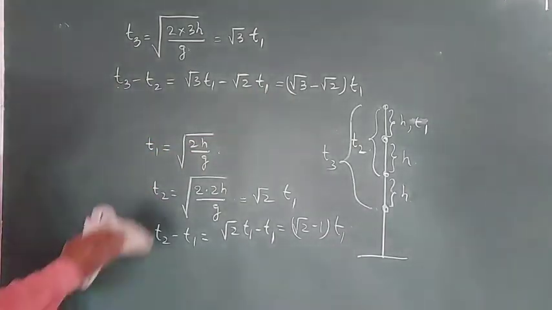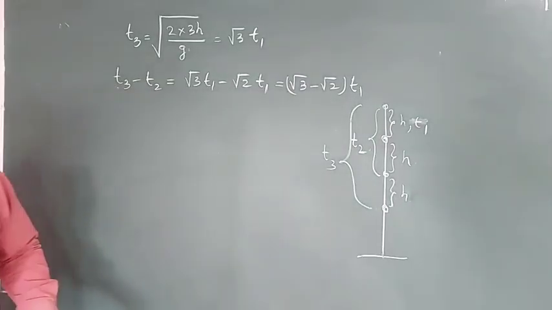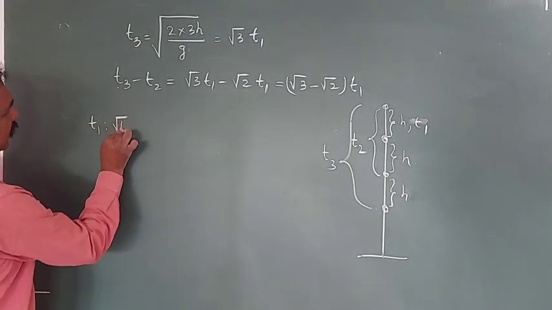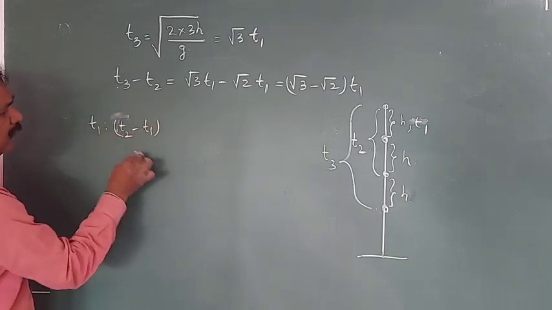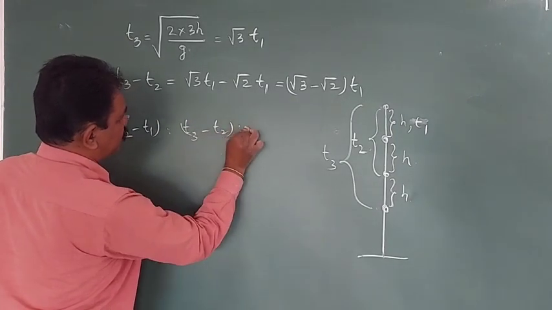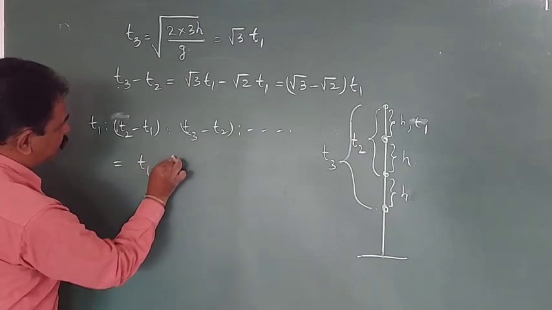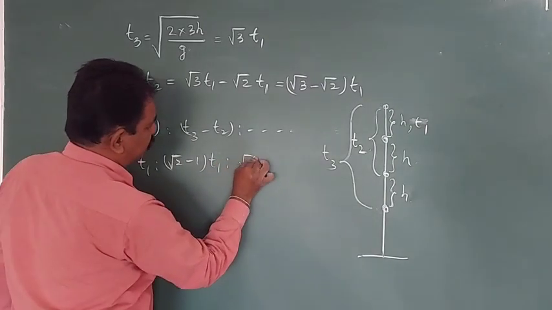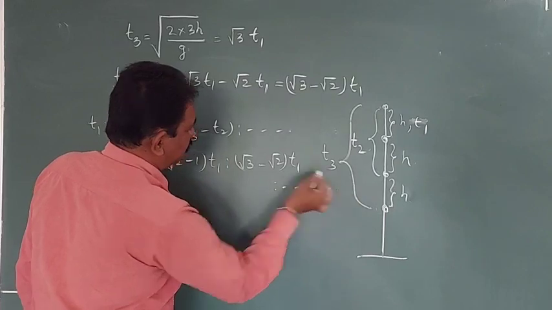If you calculate the ratios, T1 is to T2 minus T1 is to T3 minus T2 is to, and so on. This is equal to T1 is to (root 2 minus 1) into T1, is to (root 3 minus root 2) into T1, and so on.